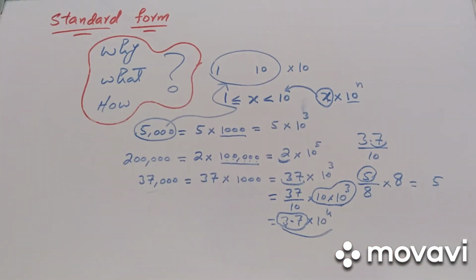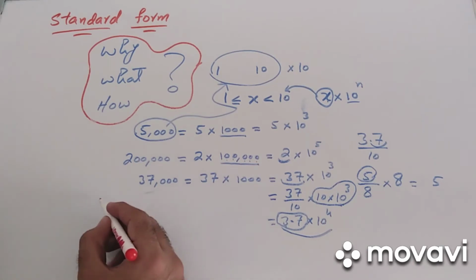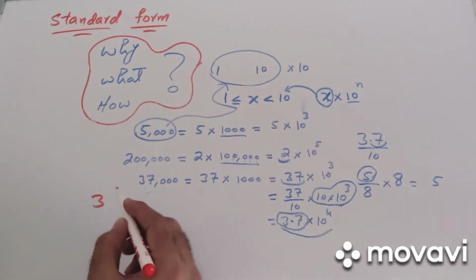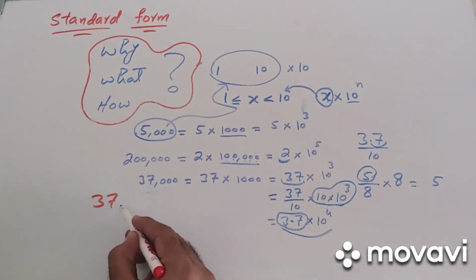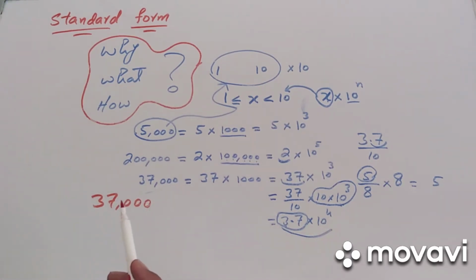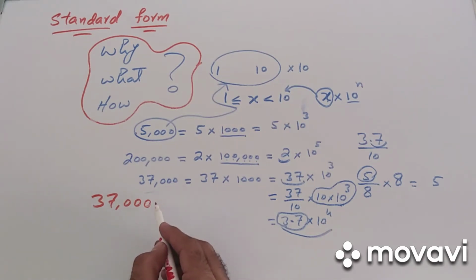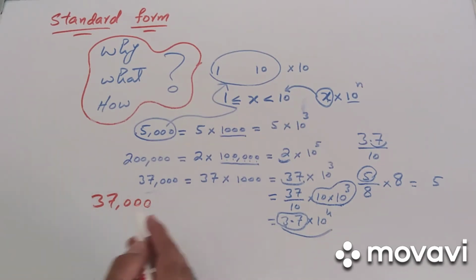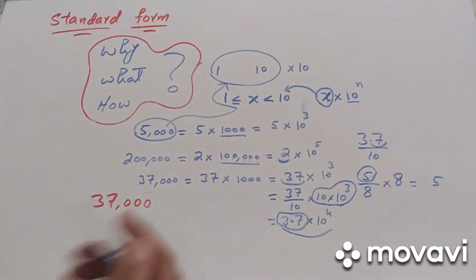Let me write this down. The number was 37,000. So basically, to get the standard form, you can see right now the decimal is over there, right?